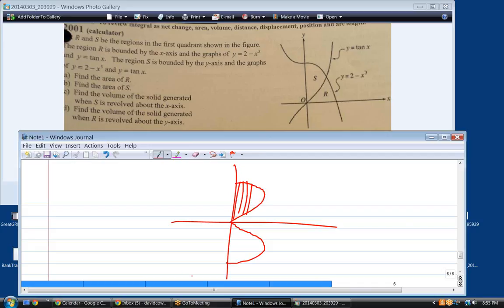So we should do outside radius minus inside radius.